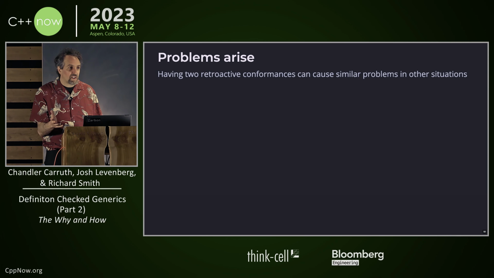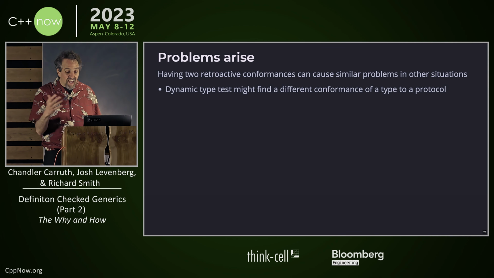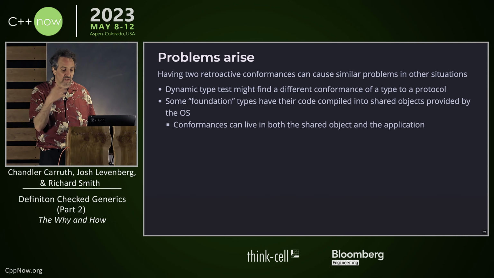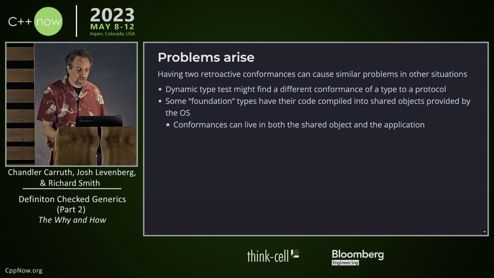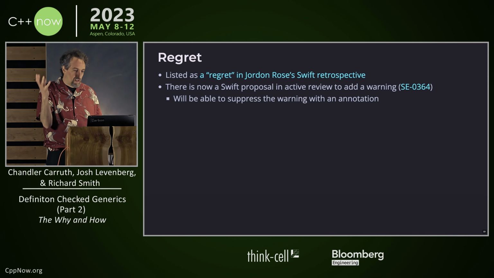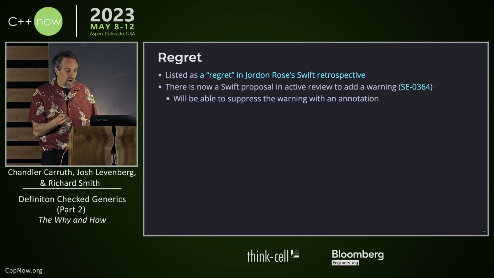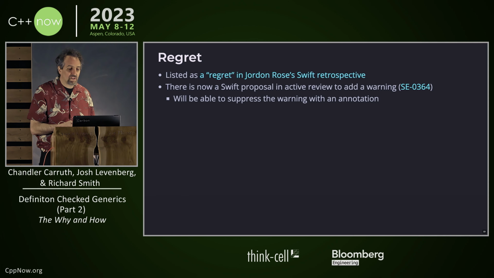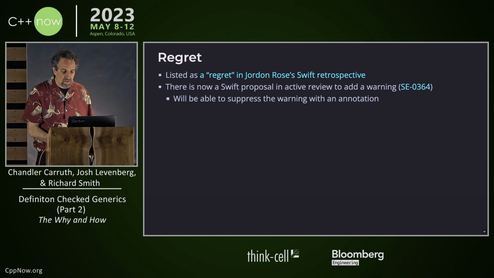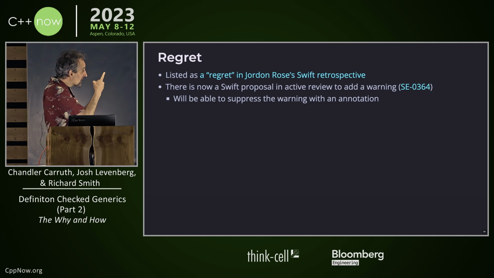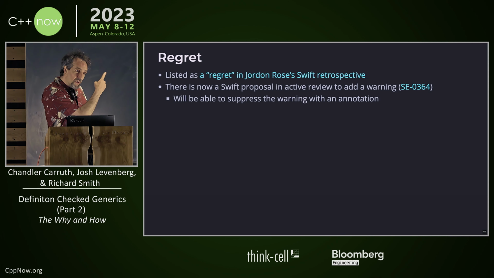A similar disconnect can arise when using a dynamic type test to find a conformance, or when using a shared library that contains a conformance that is also defined in the application. So this is another regret, allowing retroactive conformances. It's a regret by Swift designer Jordan Rose that he described in his retrospective. I bet all the blue here are links.